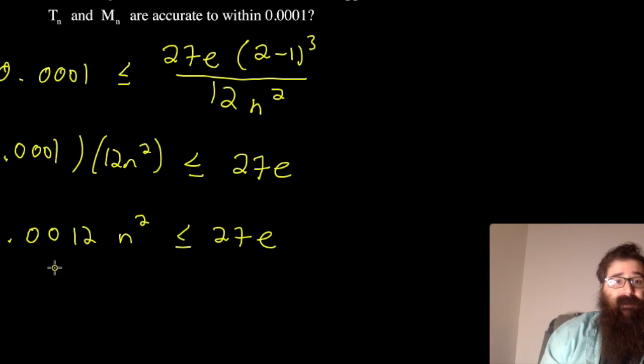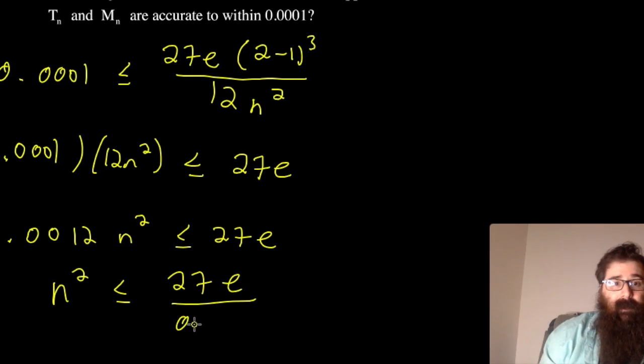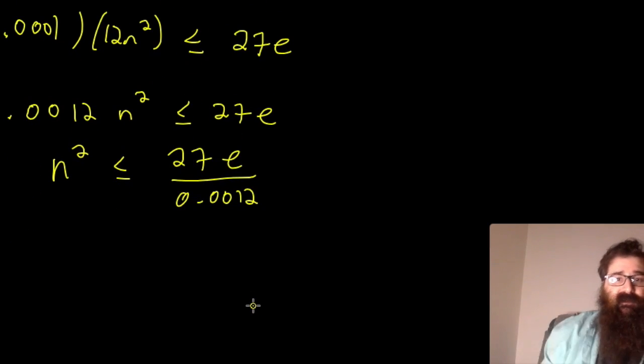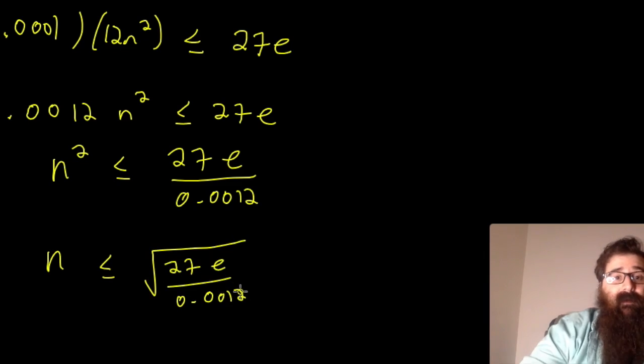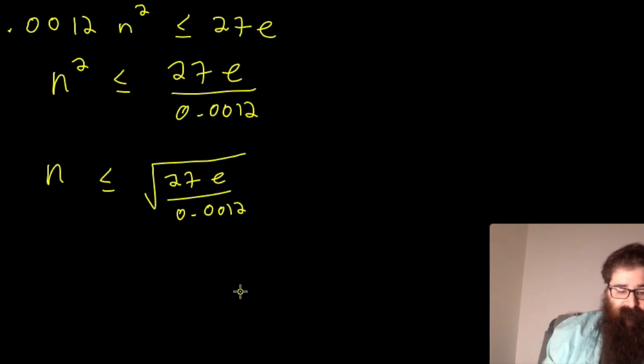I can divide by the decimal number, so n squared less than or equal to 27e divided by 0.0012. And then I would just want to take the square root. So then n less than or equal to the square root of 27e divided by 0.0012. Now taking the square root gives me this value that I can work with. This should be about 247.308.